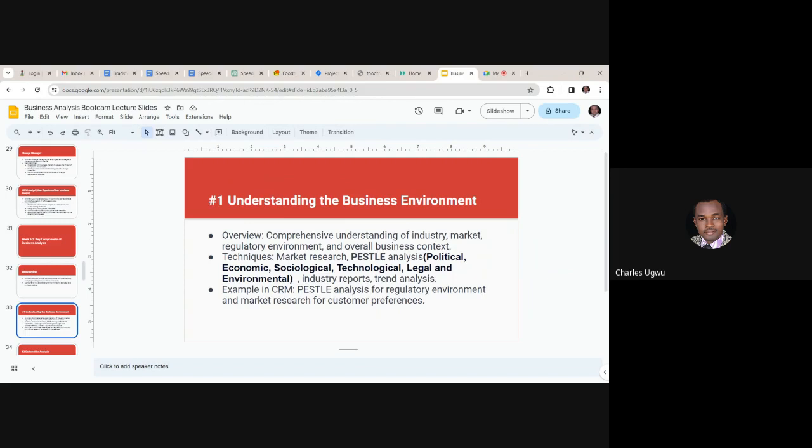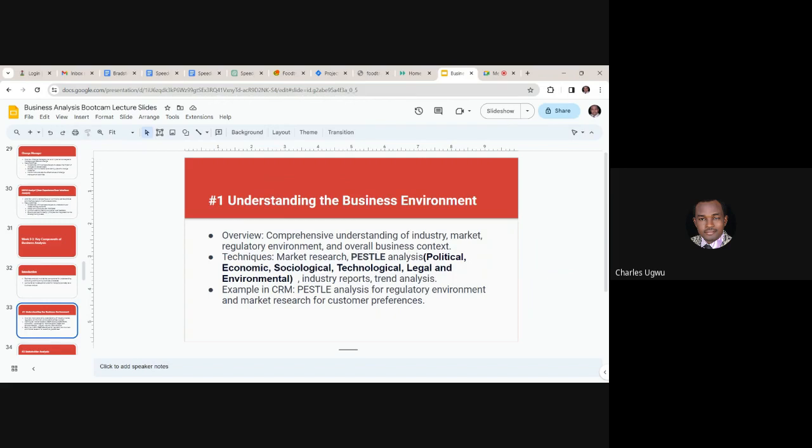This is an environment. So you need to understand the business environment surrounding this project: a comprehensive understanding of the industry, market, regulatory environment, and overall business context.